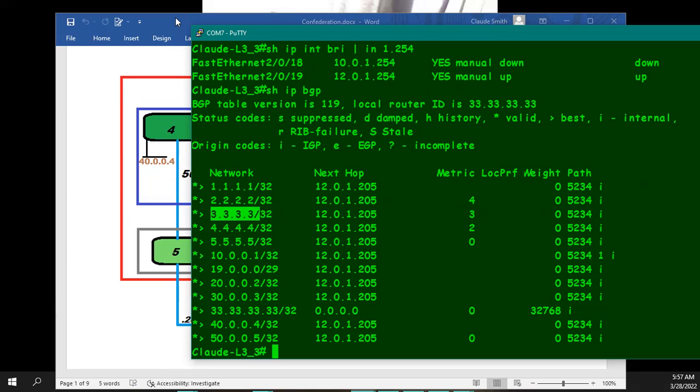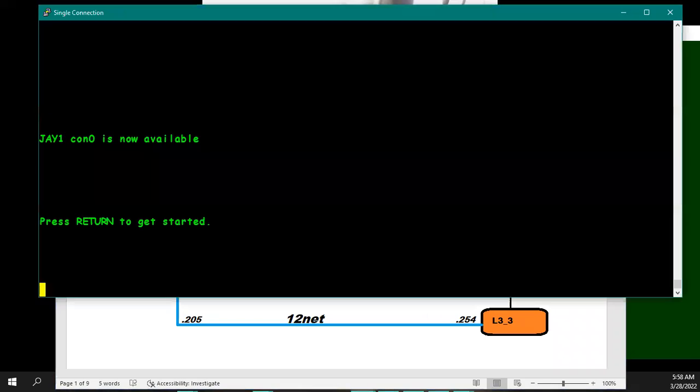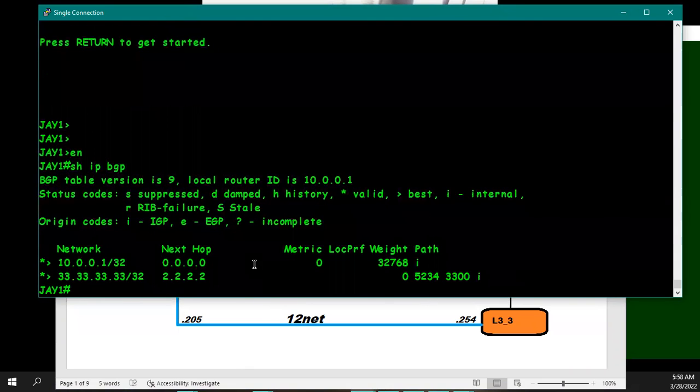What you want to see is something that looks like, let's go and take a peek at autonomous system number 1. And this is what ideally you want to see.